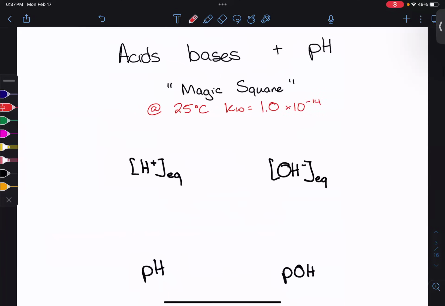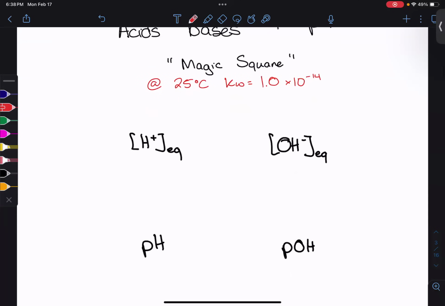Okay, all right. So, because we're gonna move on to chapter 16 now, acids and bases. If there's one thing that you need to get into your head, it's the magic square. The magic square is what relates H plus concentration, OH minus concentration, pH, and pOH, right? So, H plus concentration and OH minus concentration, these two values are related to one another by Kw, the autoionization of water.